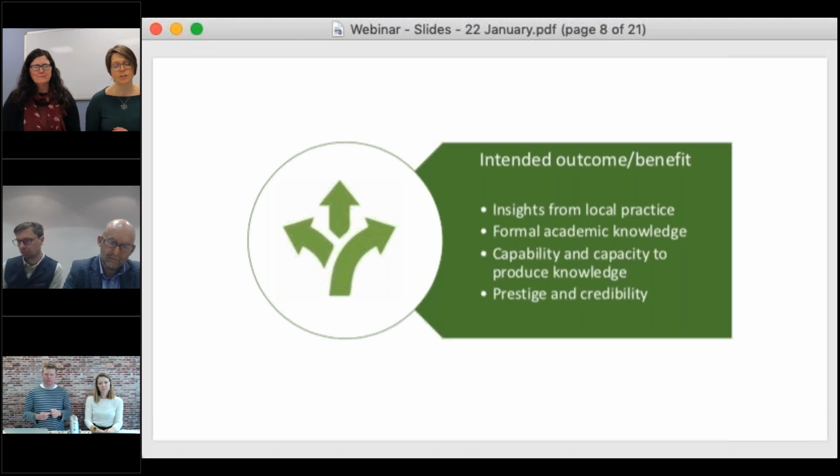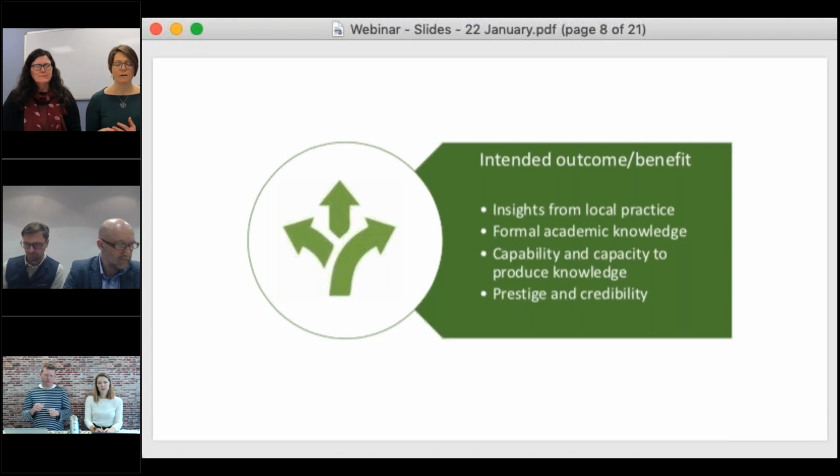And this was the case in initiatives which were focusing on delivering NIHR-funded research, for instance. The third possible outcome is an increased capability and capacity to produce knowledge within the health service setting. And this knowledge includes both insights from local practice and more formal research type knowledge.